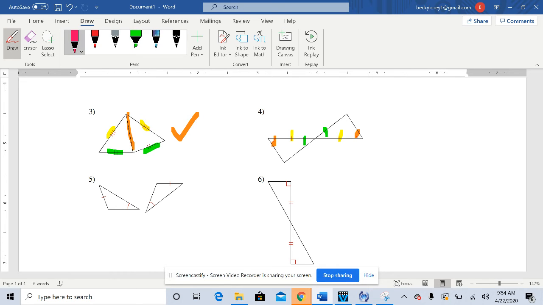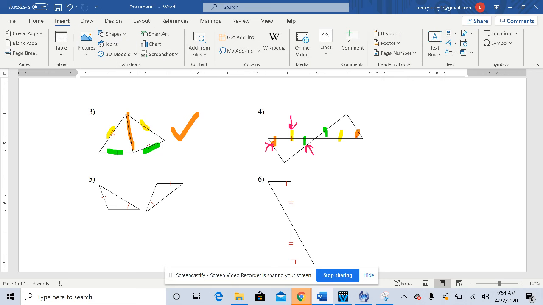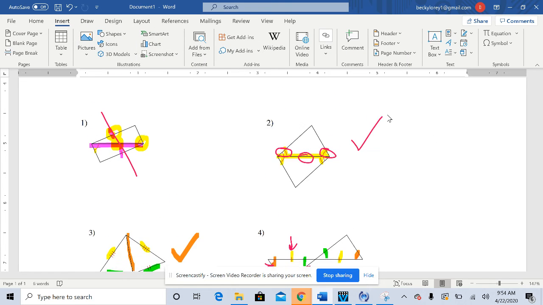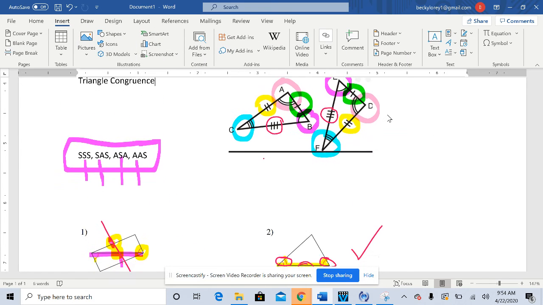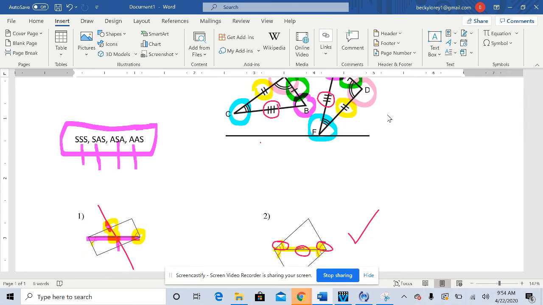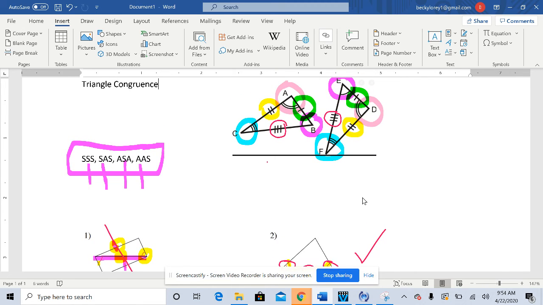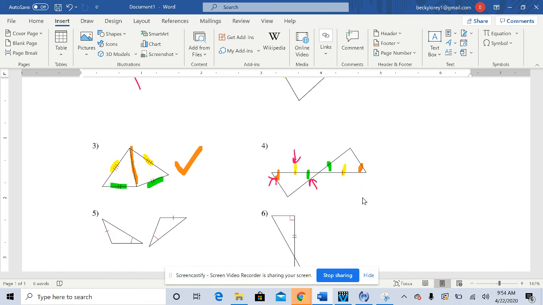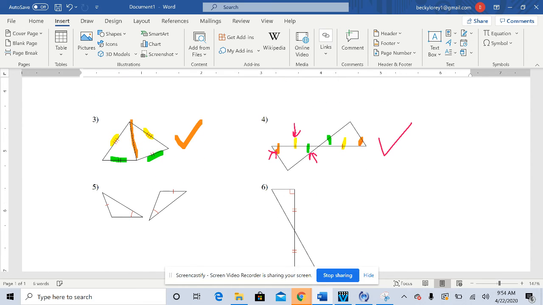So we have angles that are congruent, sides, angles. So we go angle, side, angle. And if you look at your list, angle, side, angle definitely proves congruence between two triangles. So yes, these two triangles are congruent.